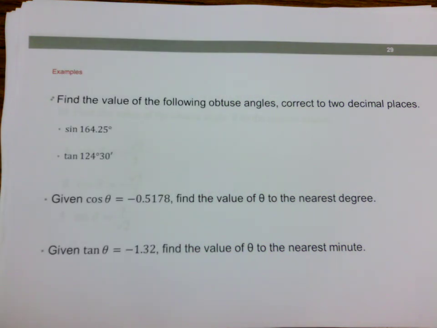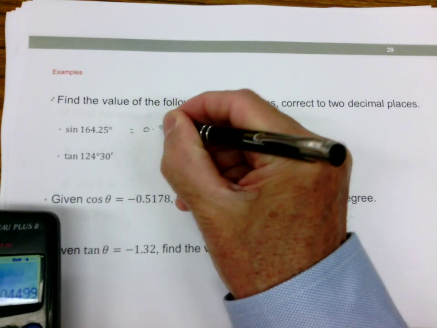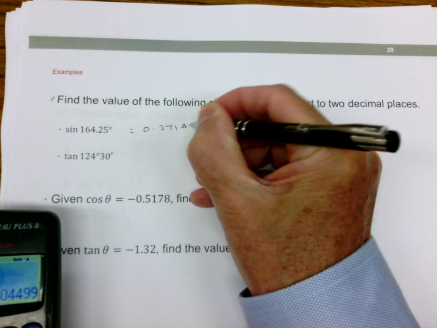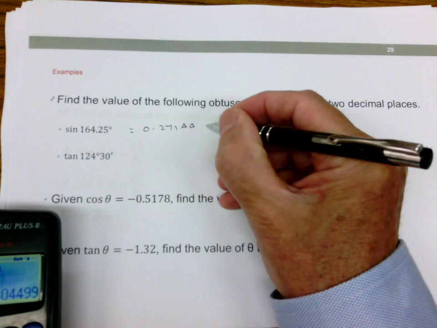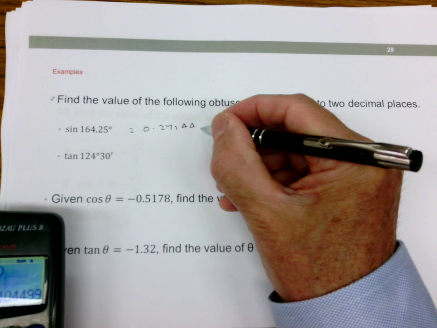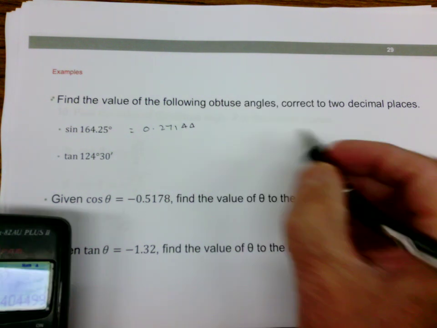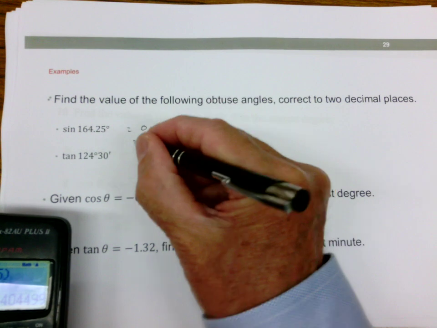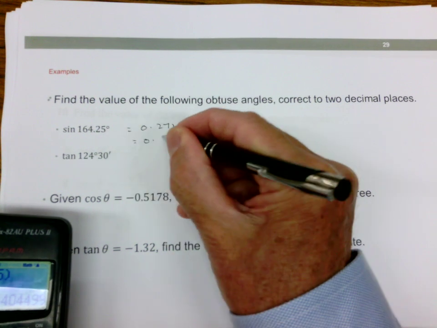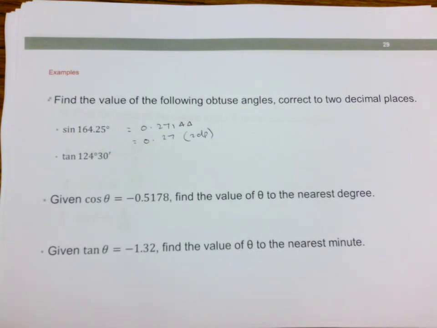We get 0.27144, and we'll round that to 2 decimal places, it says, so that's equal to 0.27 to 2 decimal places. Okay, let's do the next one, this time with degrees and minutes.